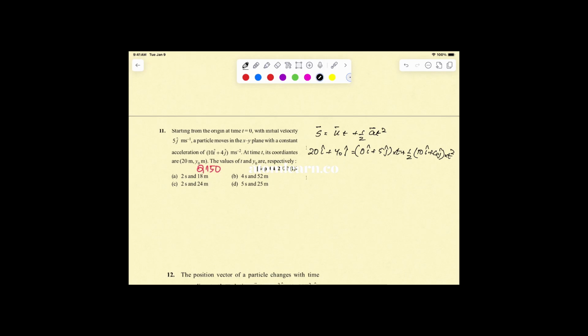Now this is what is given. Therefore, we relate the i cap terms and the j cap terms, equated.